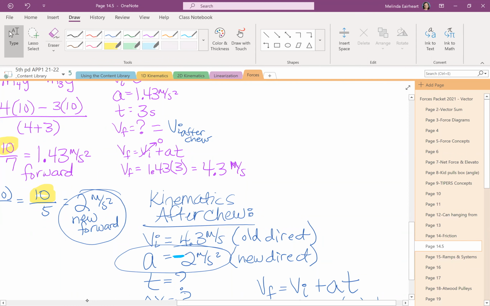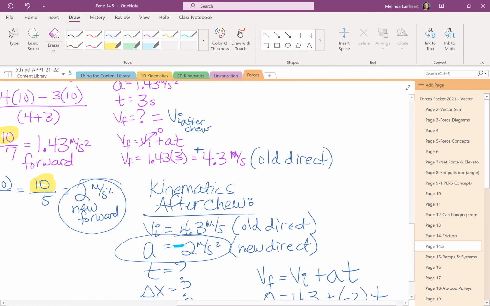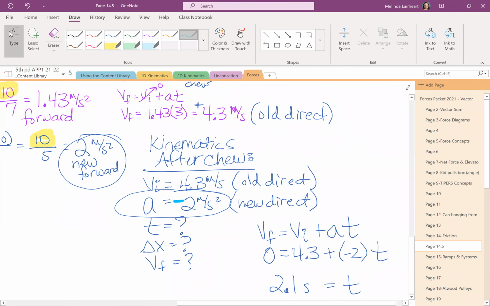And so when you solve for final velocity, I got a positive in the old direction. But after the Twizzlers chewed through, that's the initial velocity. And so I had it as a positive here, right? With the old direction, but I can't make the new acceleration positive and combine it with the old direction positive.